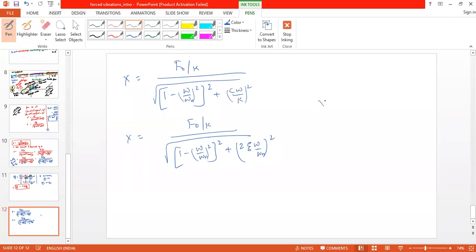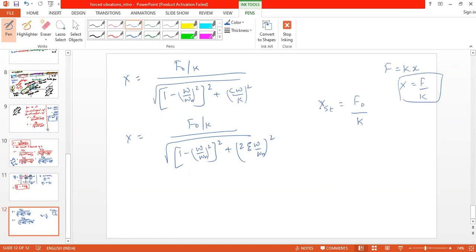And here we define one more term, x static, that is equal to f naught by k. We know that f is equal to kx, or x is equal to f by k.